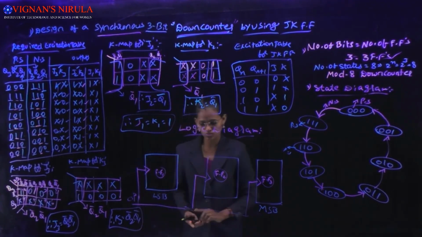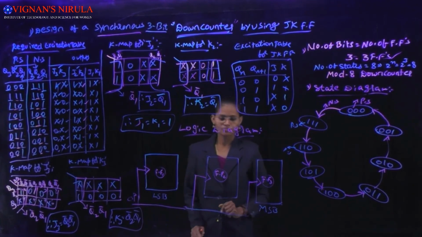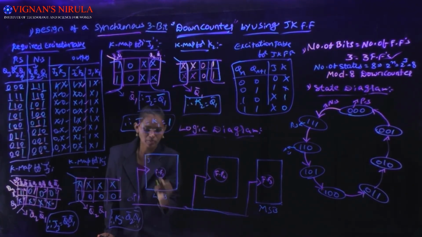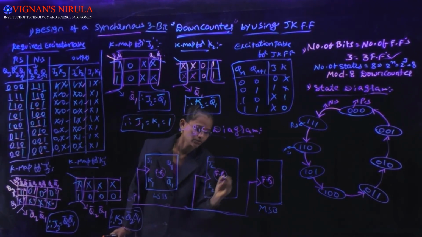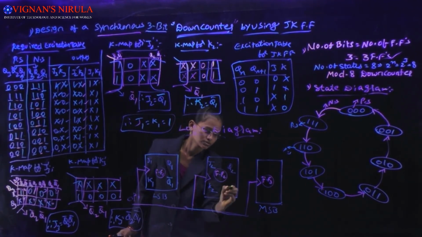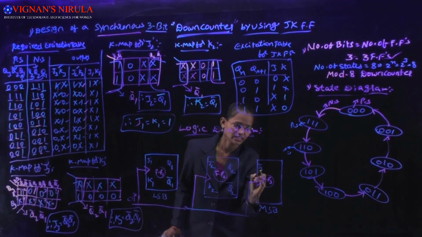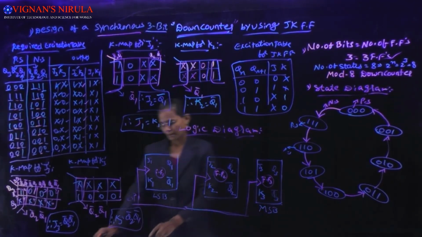In synchronous we are using the same clock pulse. Okay. In this is LSB bit, that is J1, K1, Q1, Q1 bar, J2, K2, Q2, Q2 bar, and this is J3, K3, Q3, Q3 bar.